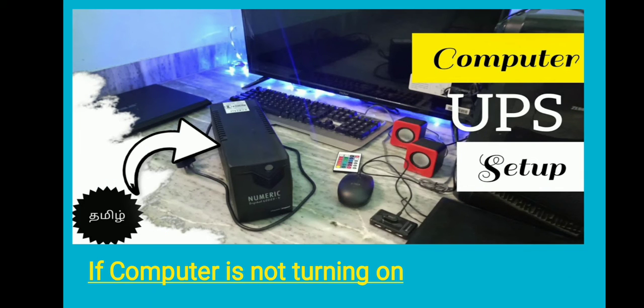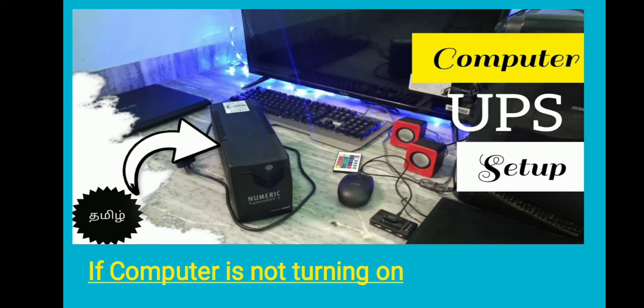Detecting the problem in a computer system when it is not working properly is called troubleshooting. Let's discuss some troubleshooting tips for common computer problems. If your computer is not turning on, check to see whether the power cord is properly attached or not.